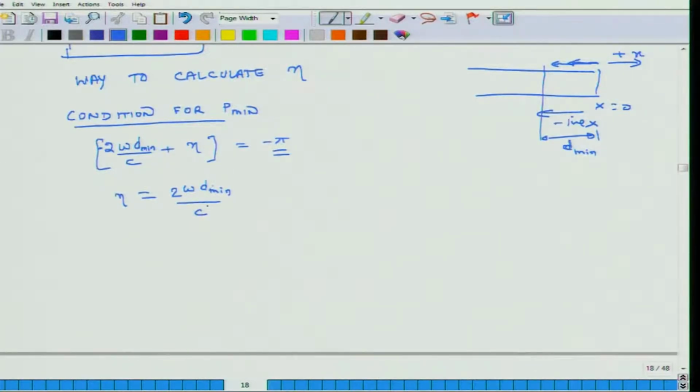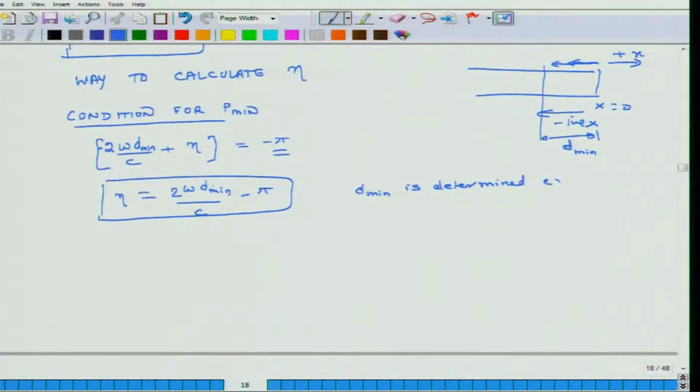Again here D min is determined experimentally. So I have determined experimentally the value of eta using D min.